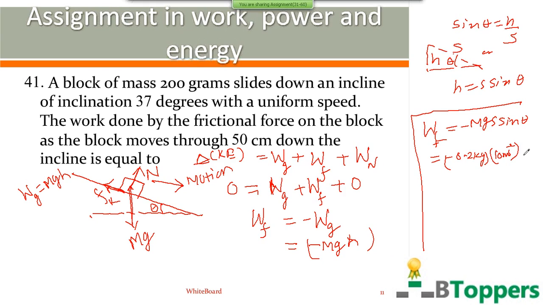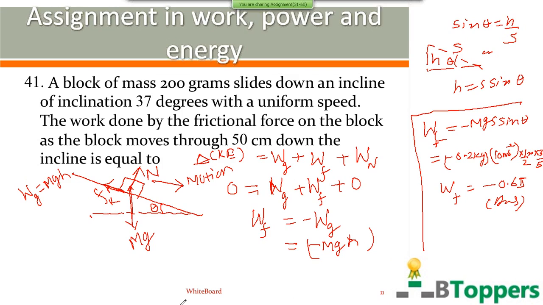Magnitude of the displacement of the block is 50 centimeters, which means 0.5 meter or half meter. Sin theta is sin 37 degrees, which you can write as 3 by 5. So you can simplify this further. You get work done by the friction on the block as minus 0.6 joule. That's the answer.